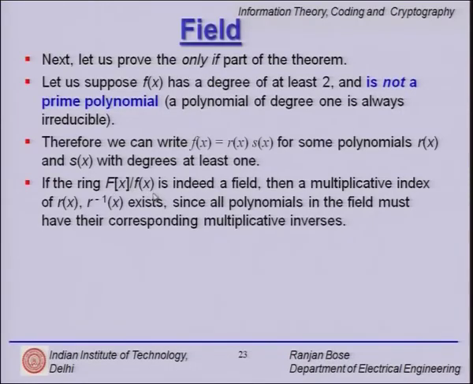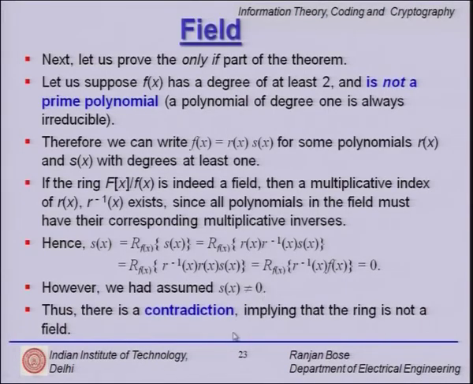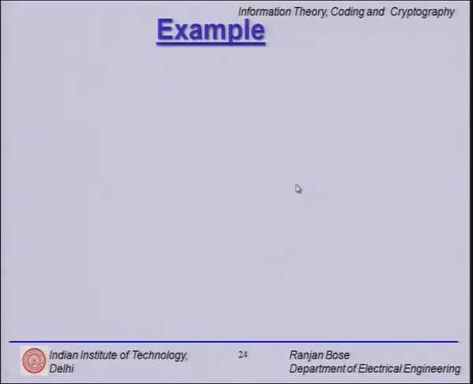A multiplicative inverse r inverse of x exists, since all the elements other than 0 should have a multiplicative inverse, and then we substitute this here. So, r of x times r inverse times s of x here, and we do some basic maths, and we have assumed s of x is not equal to 0, which leads to a contradiction and implies that the ring is not a field. Therefore, we get this proof for irreducibility.